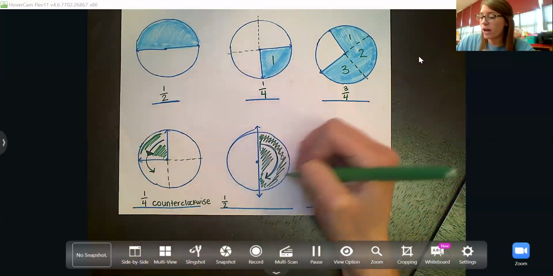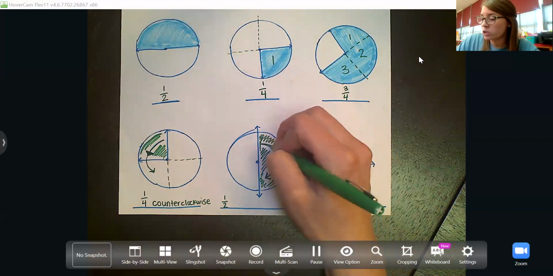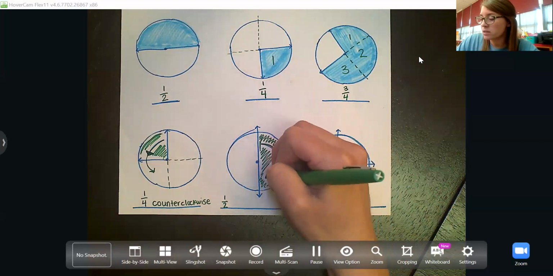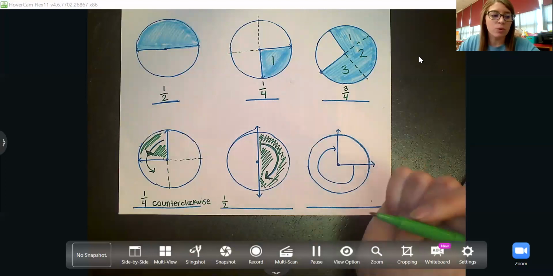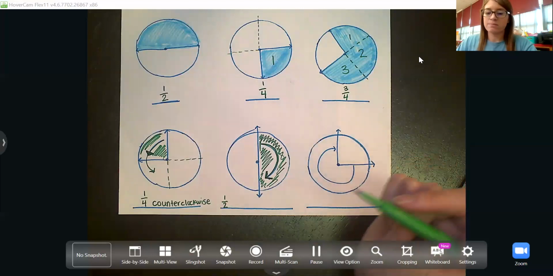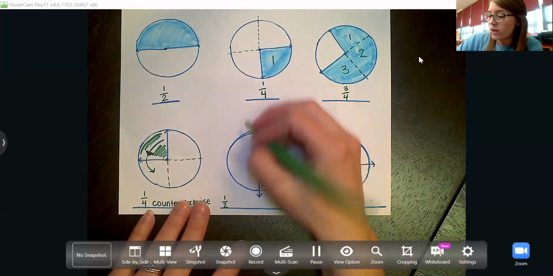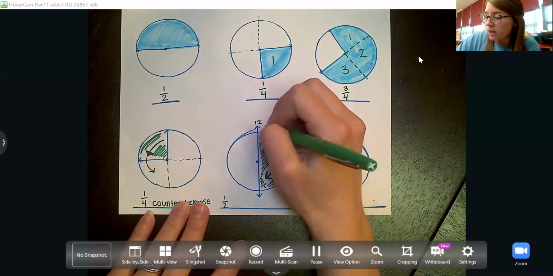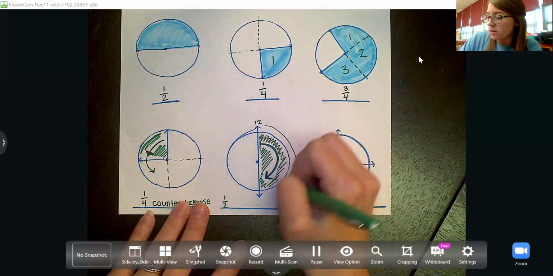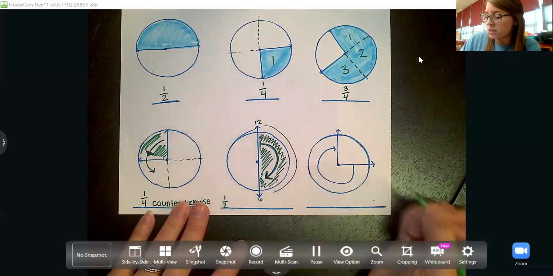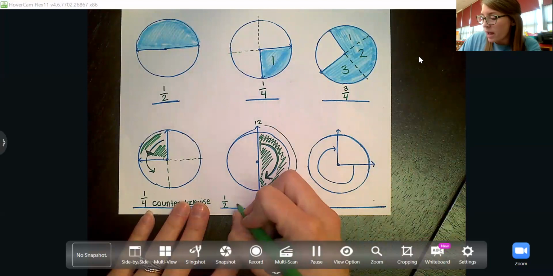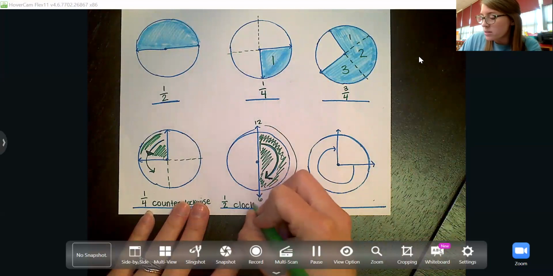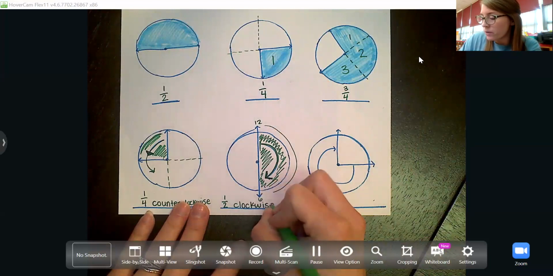And then we've got to look at our arrow and figure out, okay, which direction is this going? Clockwise or counterclockwise? What do you think? Clockwise. Very good. Because imagine this is a 12 right here, and then going this way, like this arrow says, and here's the 6 o'clock down here. So this is a 1/2 clockwise turn.